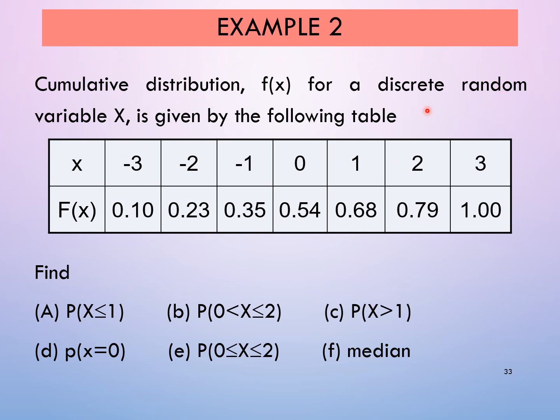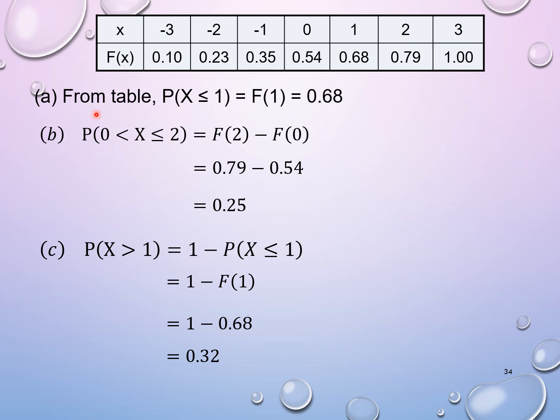Example 2. The cumulative distribution F(x) for a discrete random variable x is given by the following table. So this is the CDF in table form. You need to find A, probability x less than or equal to 1, B, C, D, E, and finally you need to find the median. Let's solve one by one. For A, from this table, probability x less than or equal to 1. Remember, this is the cumulative sign, which means the cumulative of 1.